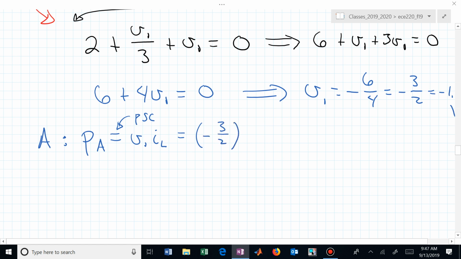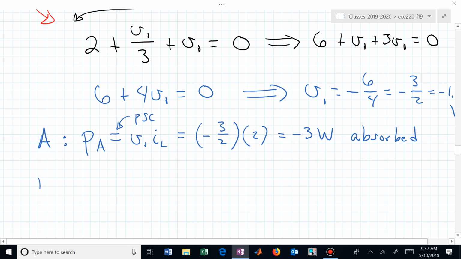That was V1, and I sub L was 2. We now have minus 3 watts absorbed. Or we could say we had 3 watts supplied, or 3 watts developed, because it's a minus 3 absorbed.